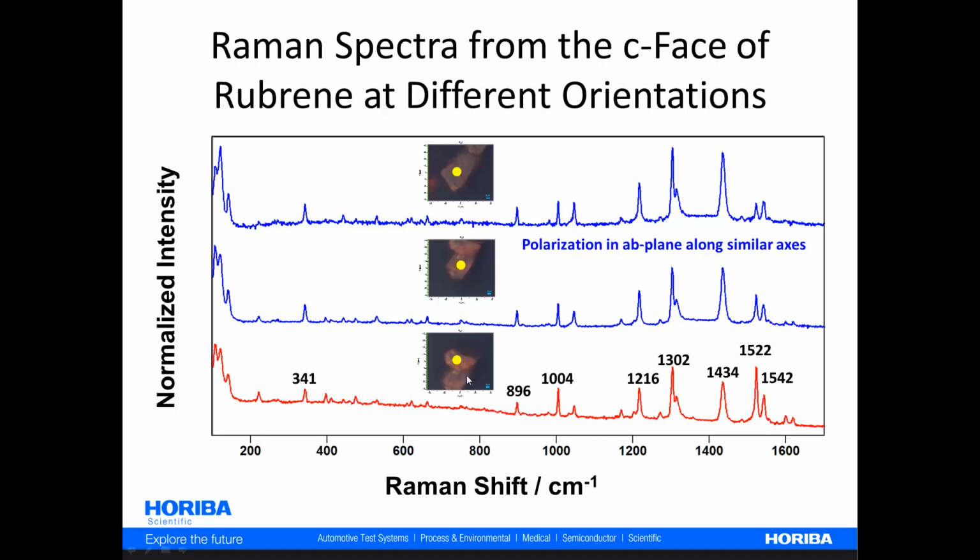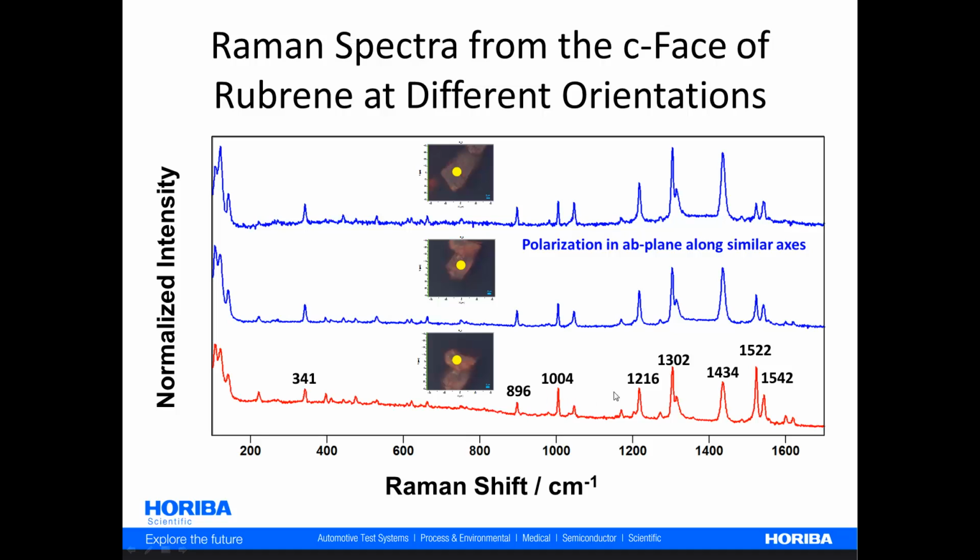And now we come to this case where, again, we're looking at a single grain, probably in the same crystal orientation, except that it's rotated 90 degrees with respect to these others. And so now we see the differences in the relative intensities of these Raman bands, particularly at 1004 wave numbers.